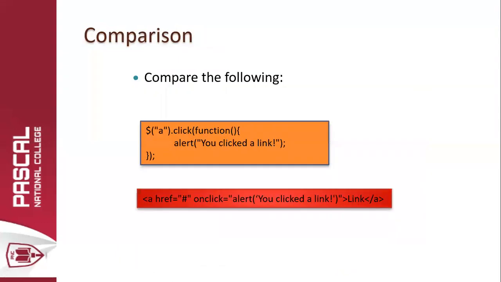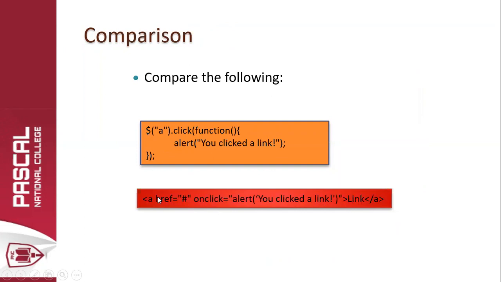So in this example, compare the following. A href equals hash, on click for the hyperlink, you are calling a function: on click alert, you clicked a link. This is the approach that you will take with JavaScript.